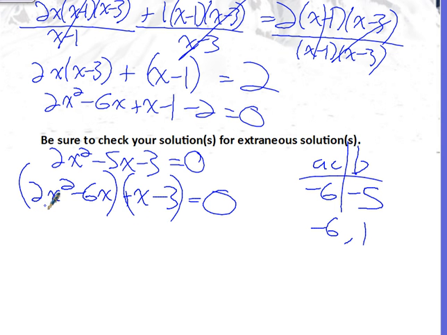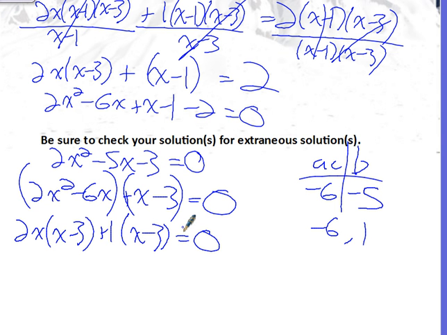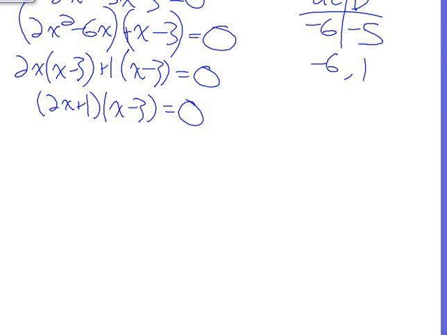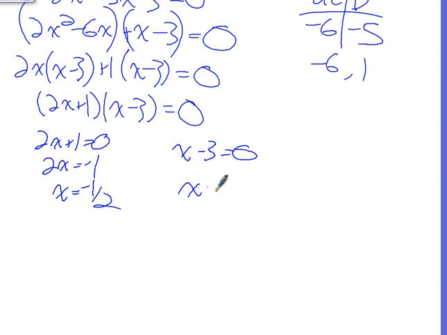So I can take out a 2x from here, x minus 3. Take out a positive 1 from here because I already have x minus 3. So I'm left with 2x plus 1, x minus 3. So I can set each of those equal to 0. And I'd get 2x plus 1 equals 0, 2x equals negative 1, x equals negative 1 half, and x minus 3 equals 0, x equals 3.